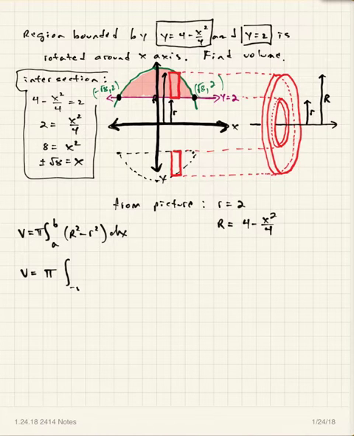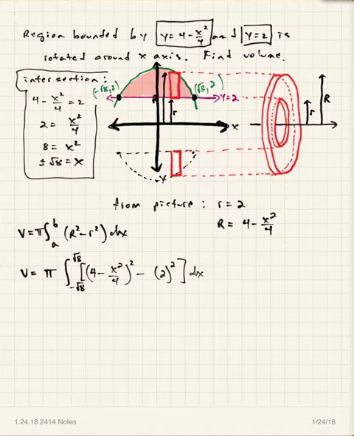And let me show you. So this is what you might start off with, negative square root of 8 to positive square root of 8. And it'd be pi times big R squared, which would be 4 minus x squared over 4, quantity squared, minus little r squared, which would just be 2 squared, like this. And this would be dx right here.